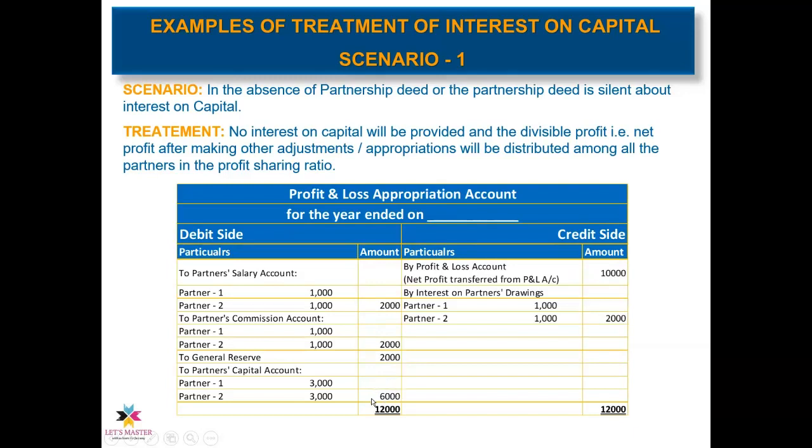And the balance amount, which was to be distributed among the partners as their share in profit, this 6,000 is your divisible profit.